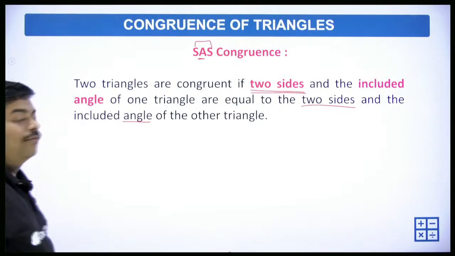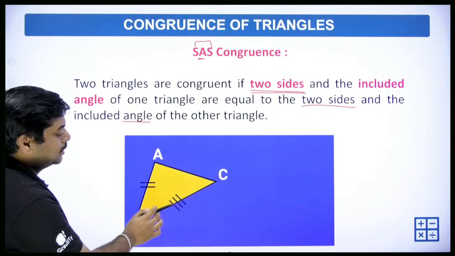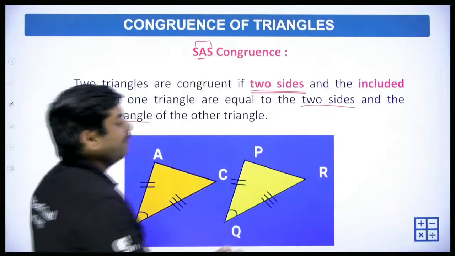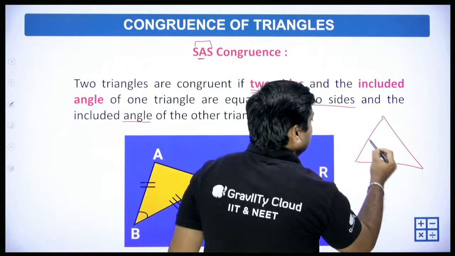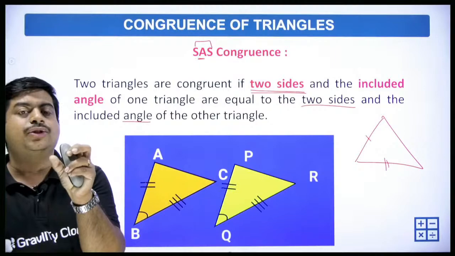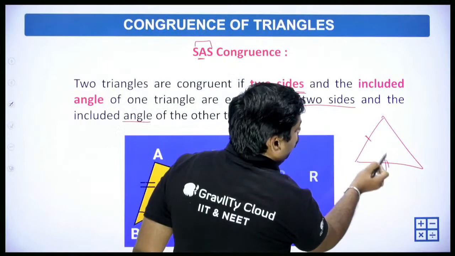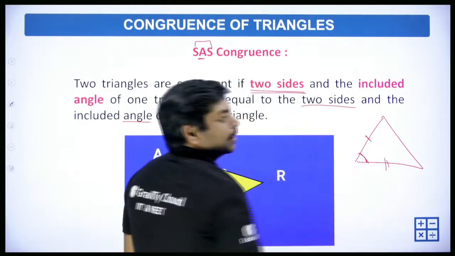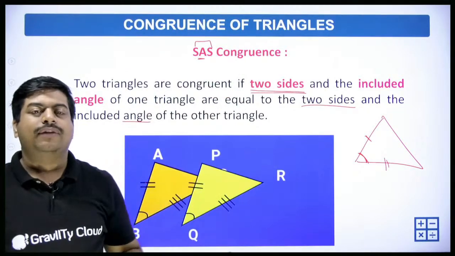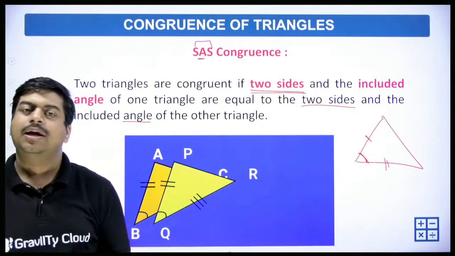You can see here, this is one side, this is the second side, and one angle. When we say this side is congruent to the other triangle's side, the angle should also be the corresponding included angle, meaning the angle formed by these two sides should be the same in the other triangle. Then these two triangles are congruent, and all the properties will be the same: all corresponding sides and corresponding angles.